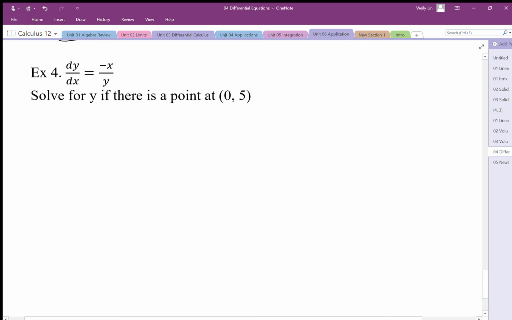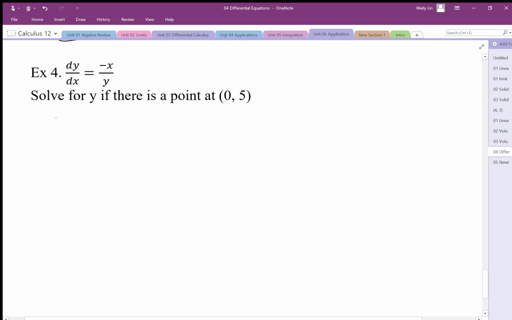So in this next problem, we've been given an actual point on the slope field. We should be able to draw the slope field. This one has a whole bunch of slopes that look like concentric circles. And we want to find the solution when we go through the point (0, 5).